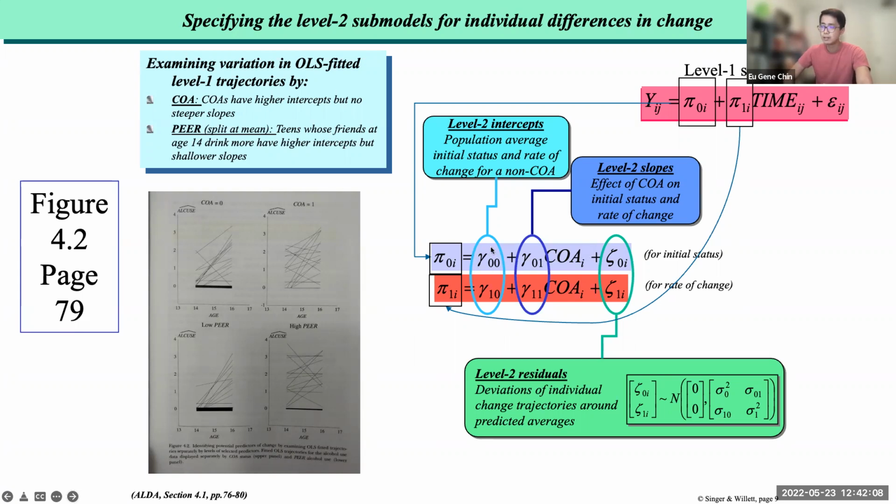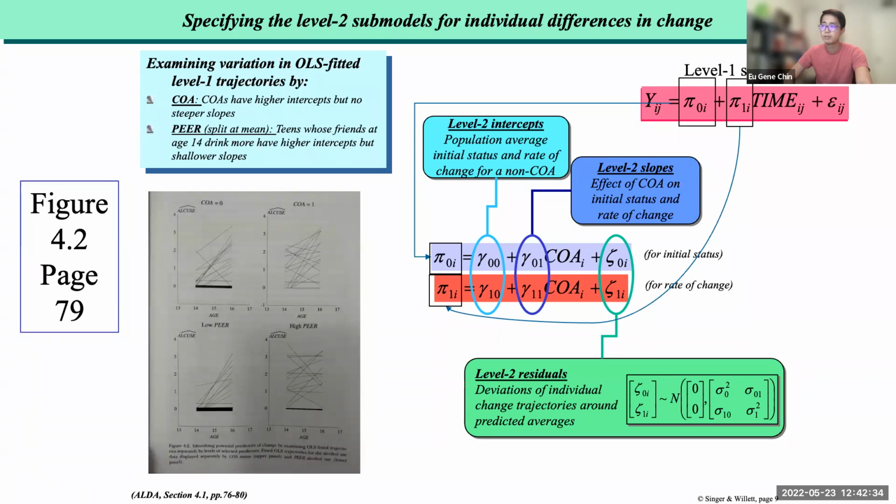Well, gamma 00 represents the estimated population's initial status, specifically for kids whose parents are non-alcoholics, for COA equals 0. So this represents the population's average intercept for kids whose parents are non-alcoholics.